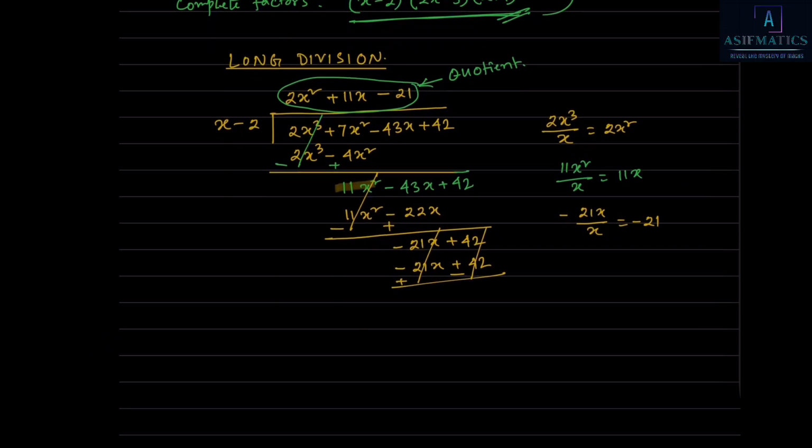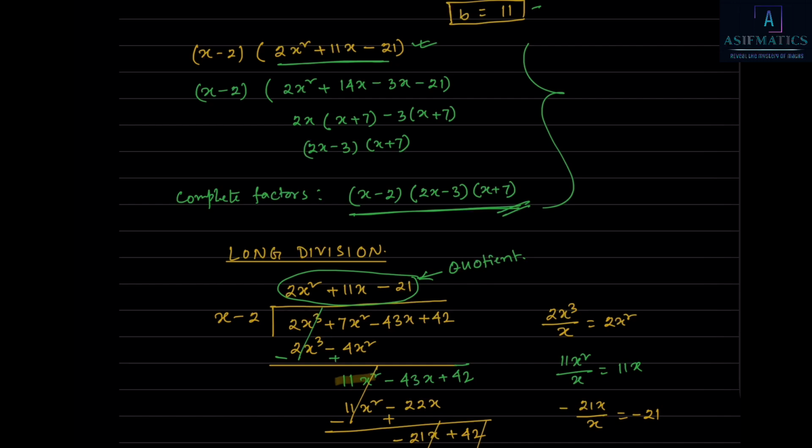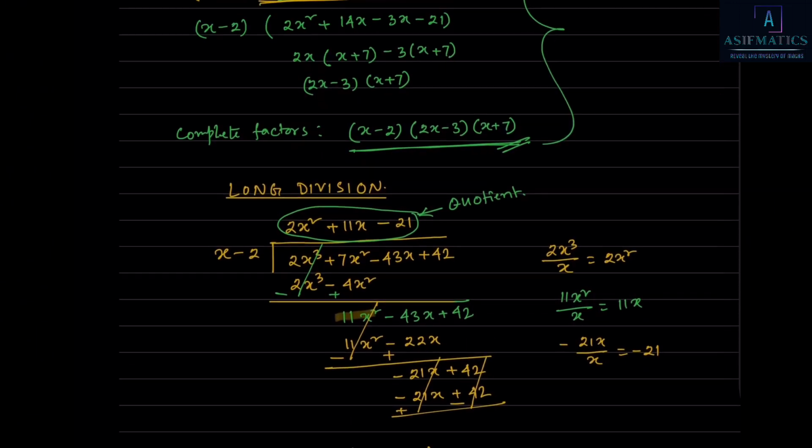So we got our complete factorization: x minus 2 is one factor, and the quotient we already got. So that is our quadratic factor, 2x square plus 11x minus 21. This is the same as the previous one, what we have done. As you have the quadratic function, now you know how to do that.